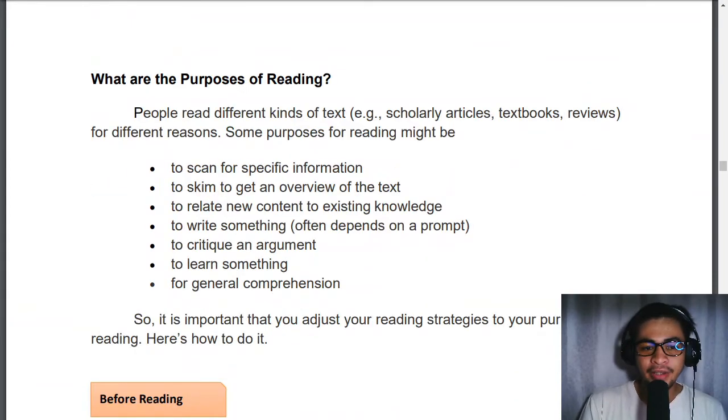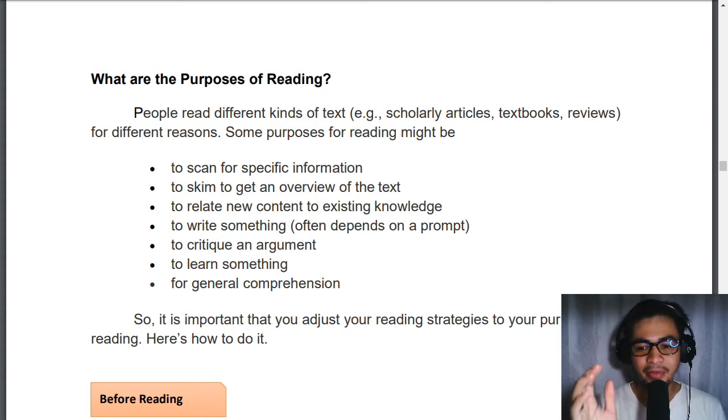Moving on. What are the purposes of reading? You need to know the purpose why you are reading that certain text. We are all aware that we have different purposes why we are reading these selections, these books, these scholarly articles, these textbooks and reviews, these comments, suggestions. It's because of these different reasons.